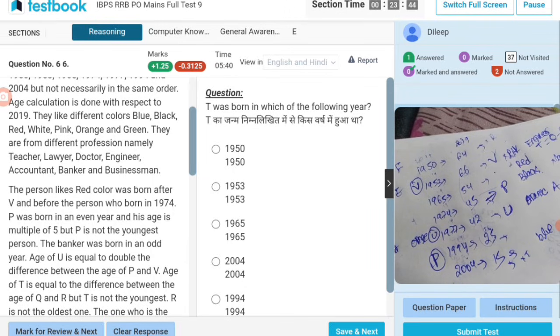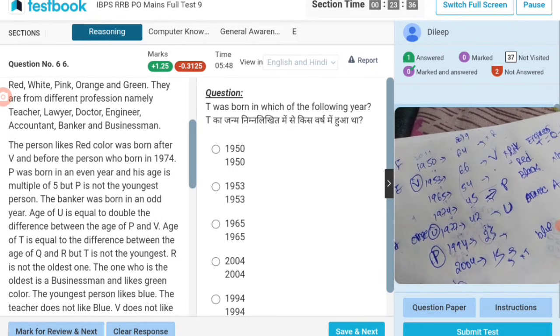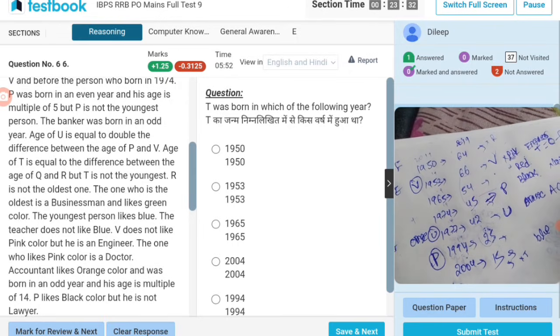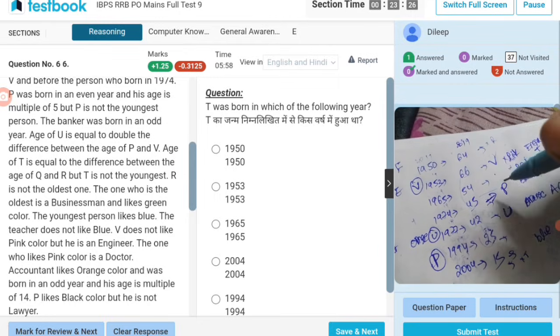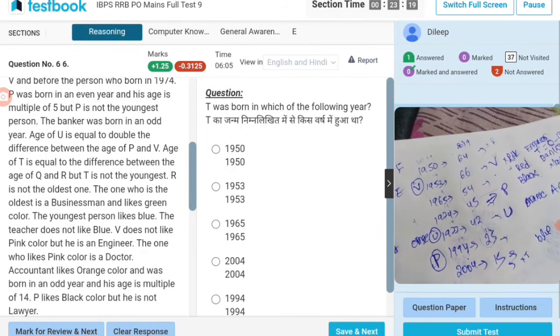So pink is doctor. Banker is odd number year. So banker is odd number year.